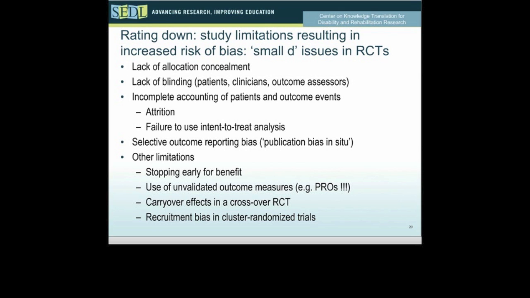Use of unvalidated outcome measures. If you have poor measures, you can grade down.